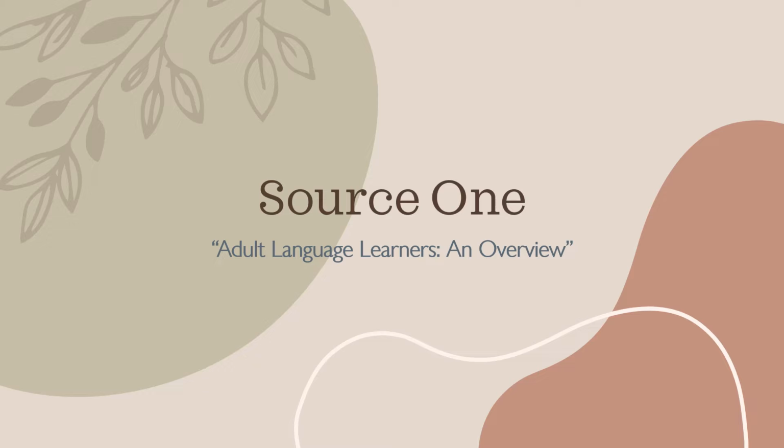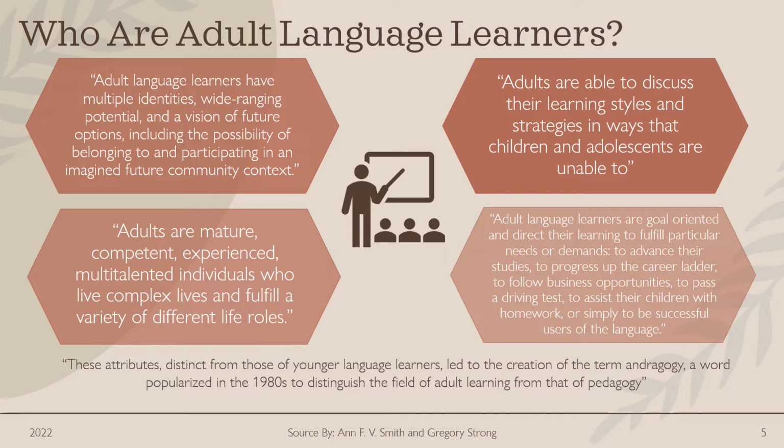For source 1, it's Who Are Adult Language Learners? An overview source. All right, this source by Smith and Strong, again, located at the bottom of the slide. They look at who adult language learners are. Adult language learners are complex, being that they have already gone through traditional school.